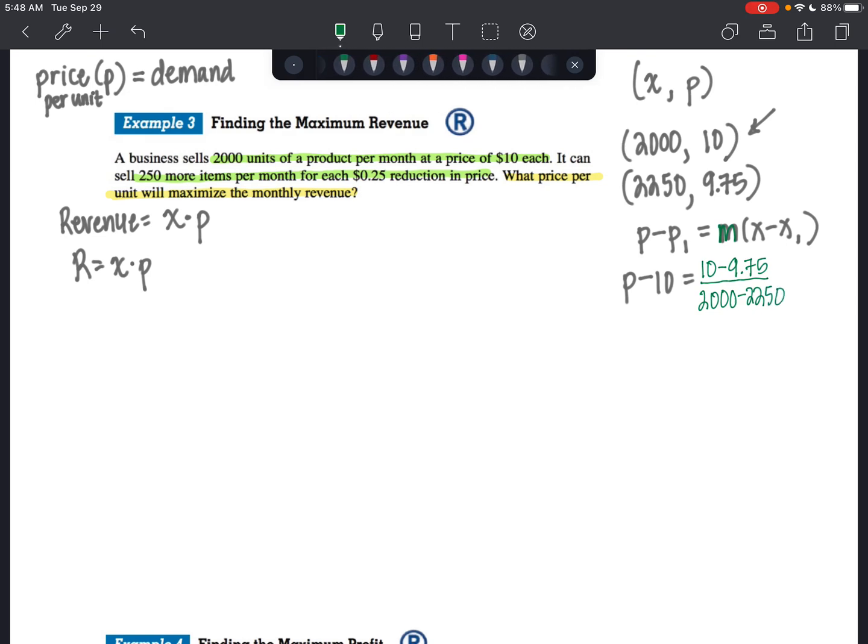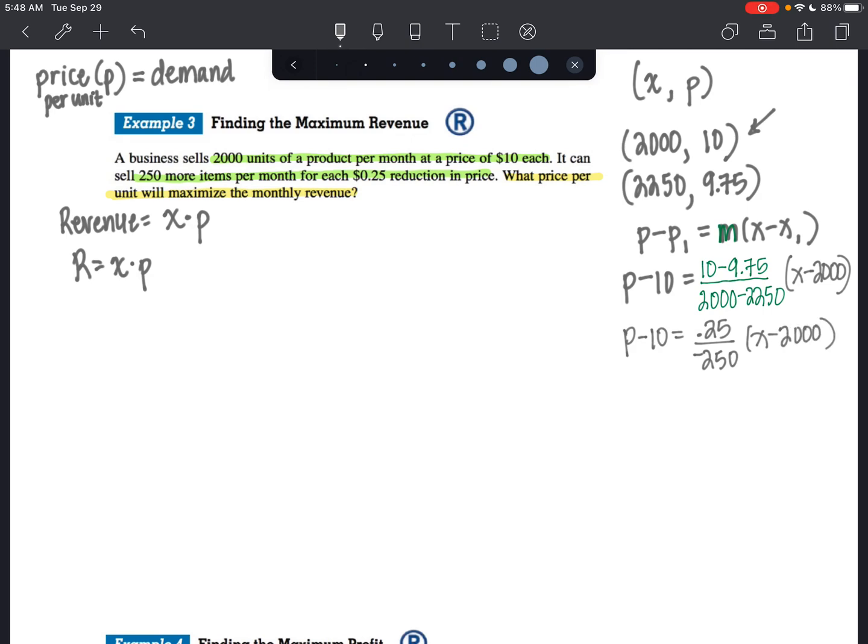and then that's going to be multiplied by x minus 2,000. So we're going to have p minus 10 equals 0.25 over negative 250 times x minus 2,000.